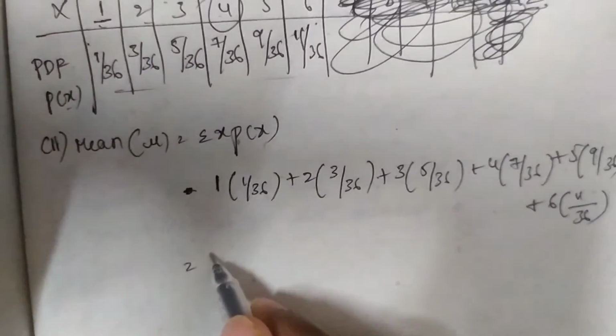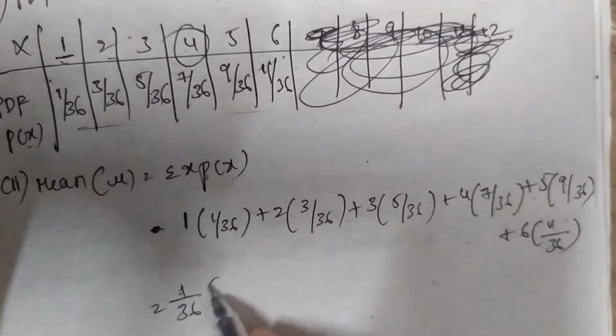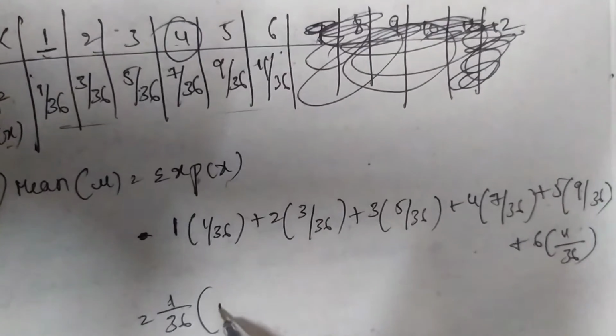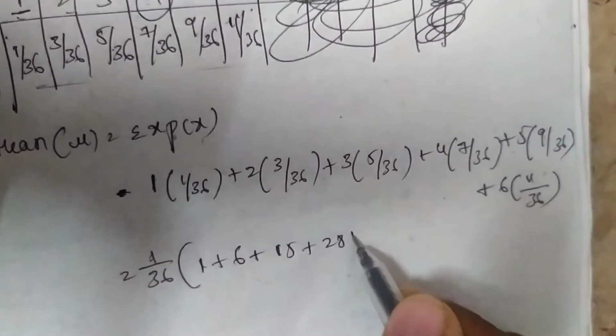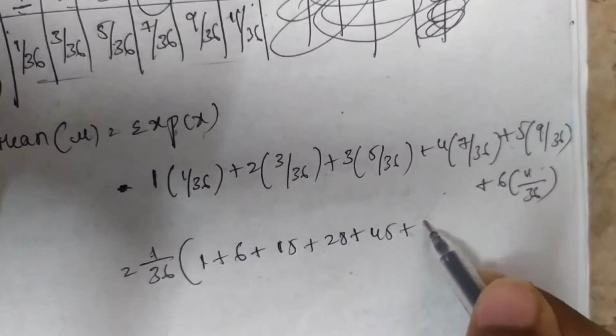Here we take 1 by 36 as common. We get 1 plus 6 plus 15 plus 28 plus 45 plus 66.